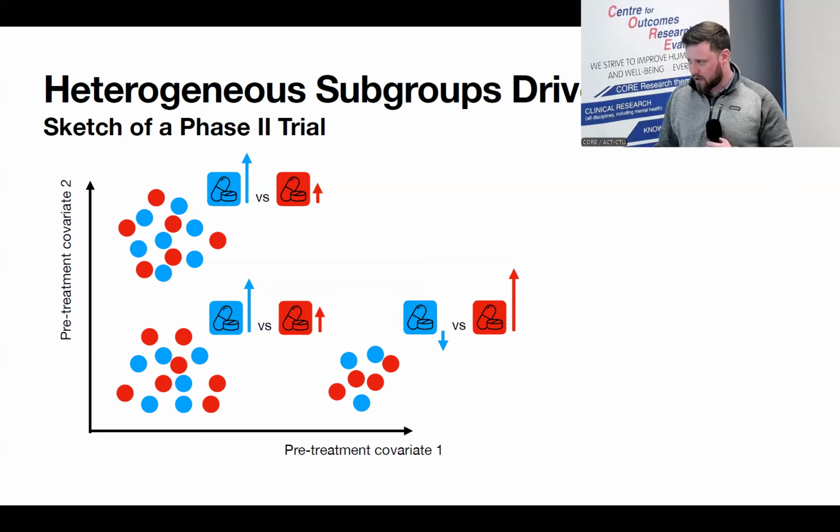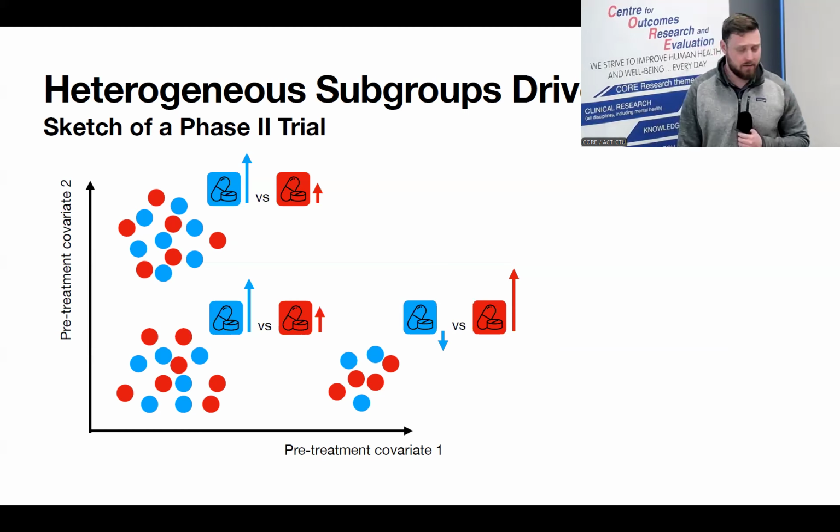And so when you actually arrive at the end of the trial and you want to evaluate how patients did in each arm, you're going to compare the treatment effect, right? And so each one of these subgroups potentially has a different treatment effect. So we see on the left over here, these two groups benefit on average much more from receiving the treatment than receiving the control.